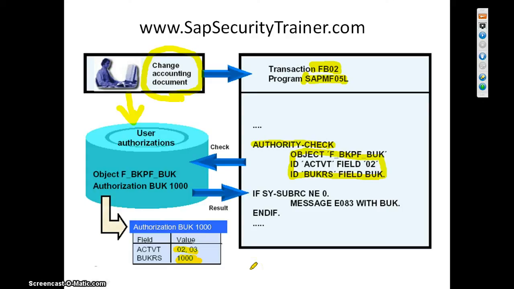One more scenario is, let's say the user has F_BKPF_BUK with activity star and company code 1000, and also F_BKPF_BUK with a star. In this case, he has two objects: one is restricted, one is full access. SAP always goes by the higher level of access.